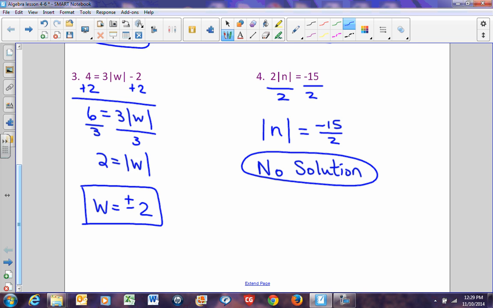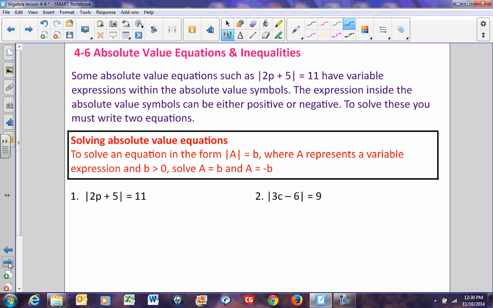So, to sum it all up, absolute value equations will normally have 2 answers, a positive answer and a negative answer. Some absolute value equations, such as the absolute value of 2p plus 5 equals 11, have variable expressions within the absolute value symbols.